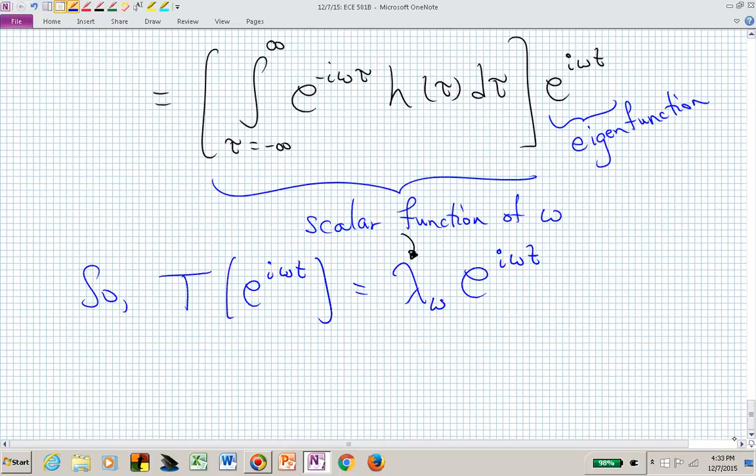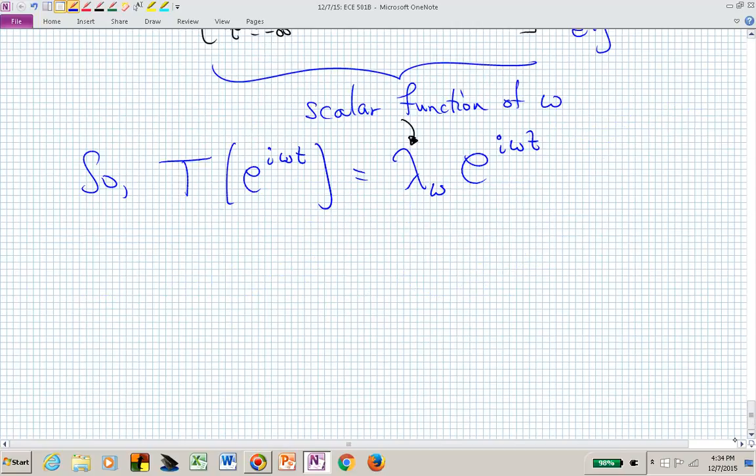And that's what we were wanting. We were wanting our result to just be lambda of omega e to the i omega t. That's now this eigenvalue, eigenfunction relationship coming out of an operator, a linear operator.